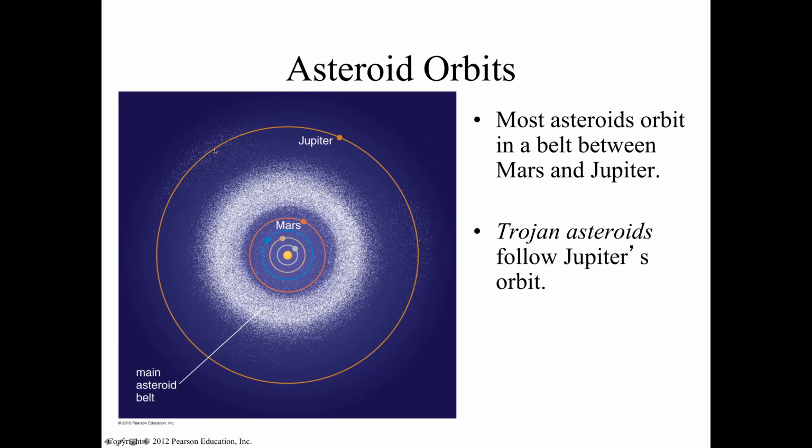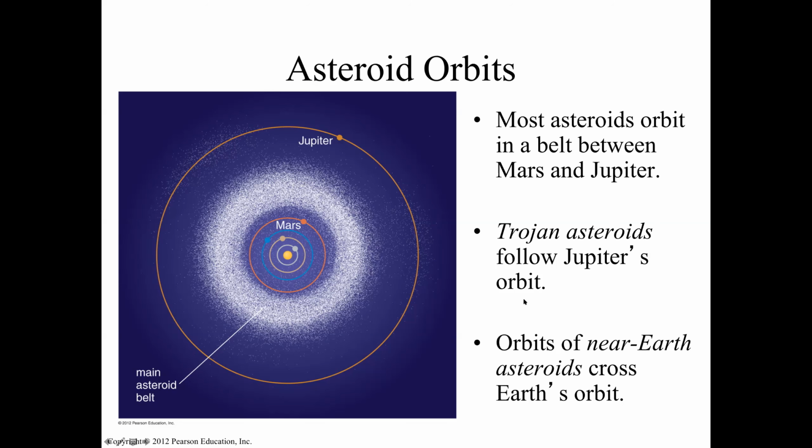So if you draw a line from the center of this group to the Sun, and from the center of the other group to the Sun, and then a line from Jupiter to the Sun, they will form equal angles.